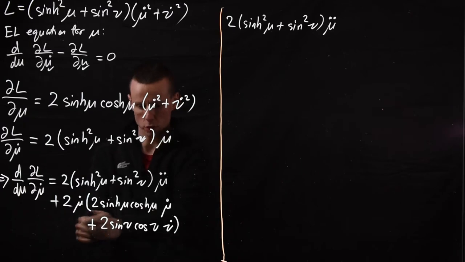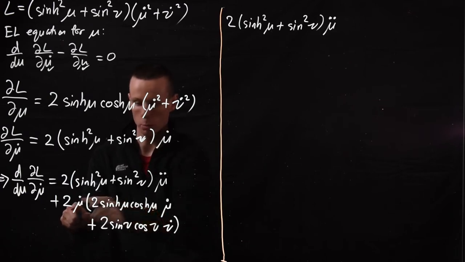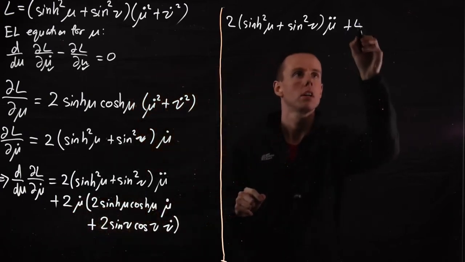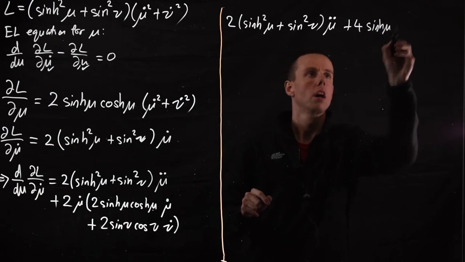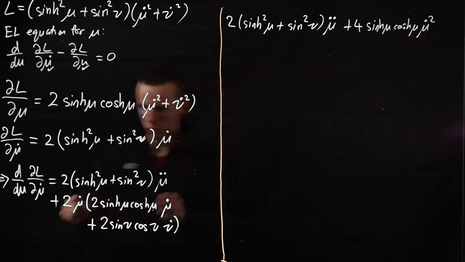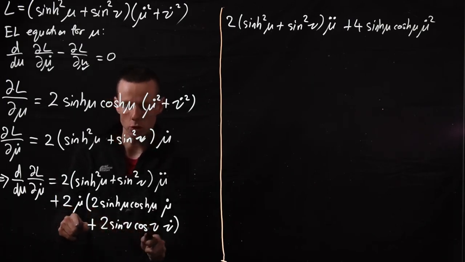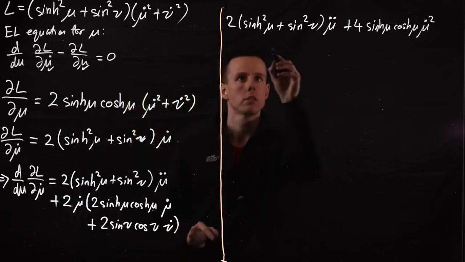So we have got in this first term 2 times 2 is 4, so we've got 4 sine mu cos mu mu dot squared. And then the second term, we've got 2 times 2 is 4 sine nu cos nu mu dot nu dot.